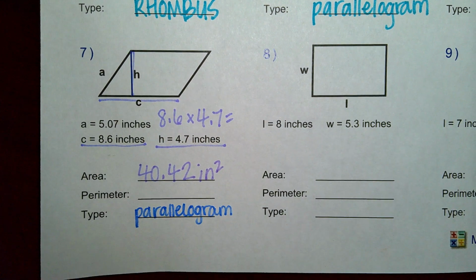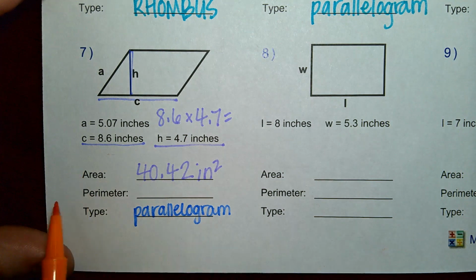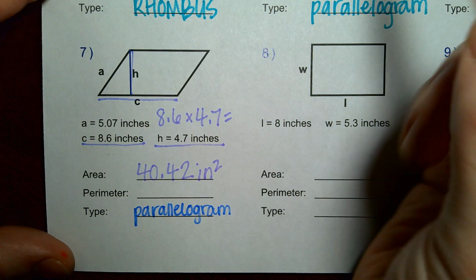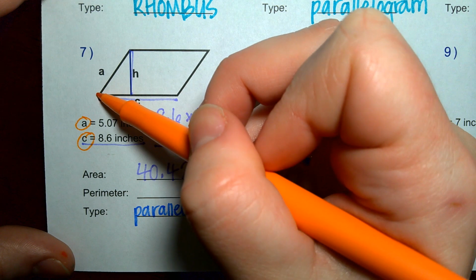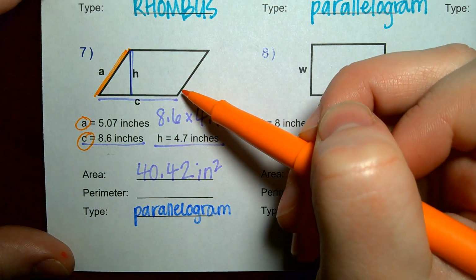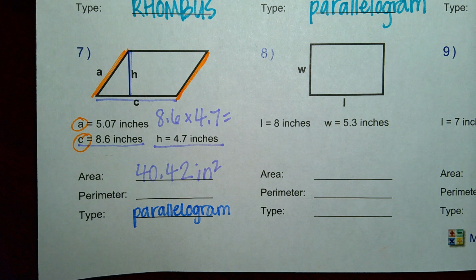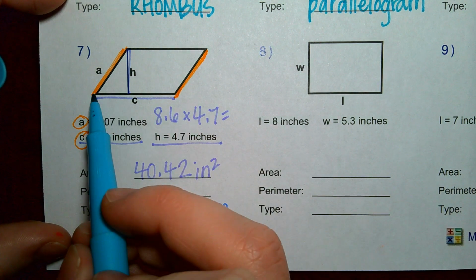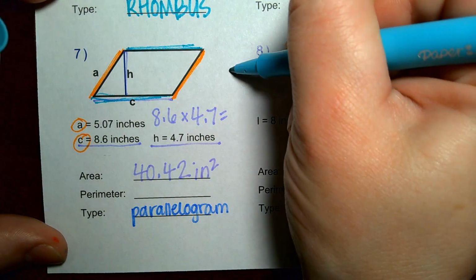Wonderful. All right. Now, which values are we using for perimeter? All around. So, which letters? A and C. Good. So 5.07 is being used twice, and 8.6 is twice.